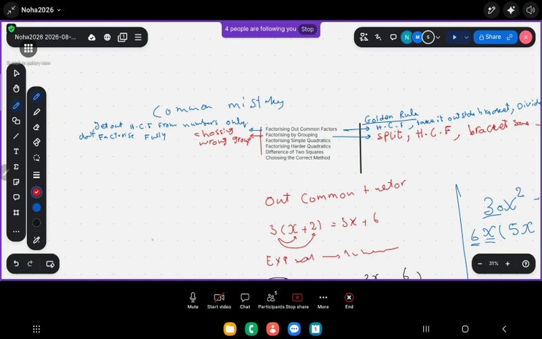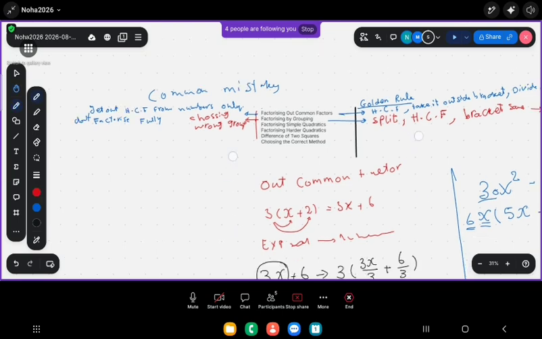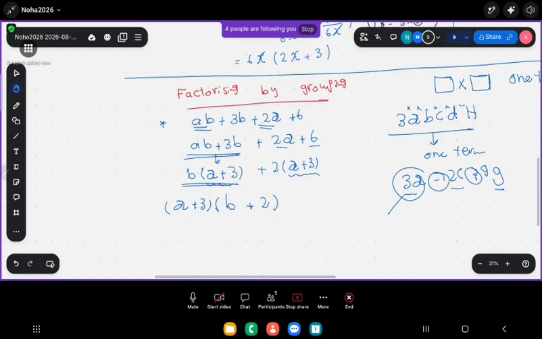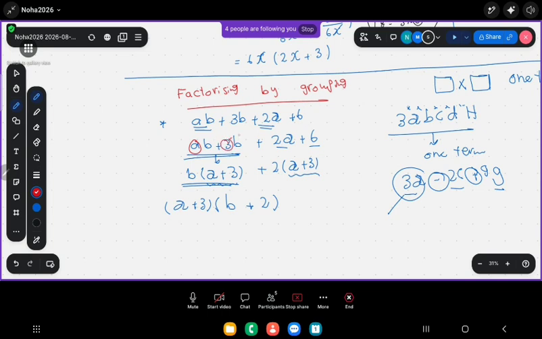Sometimes you need to rearrange the terms before grouping. How can I know what the suitable groups are? As we did here, in our head, if you take out B, you will see A plus 3. And if you take out 2, you will get A plus 3. So you will start to find a common bracket, and now you get the right groups.